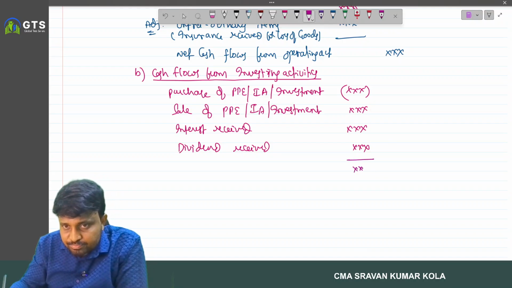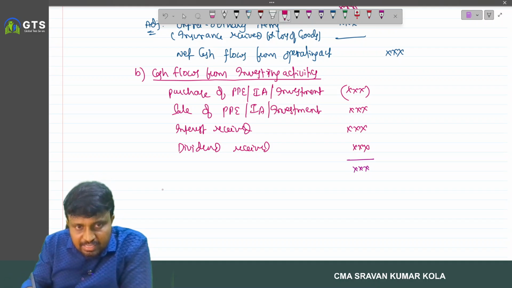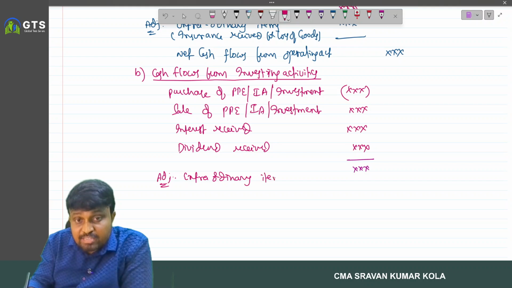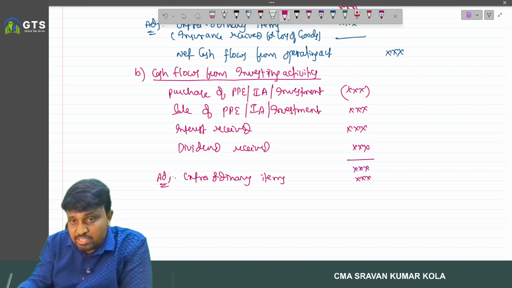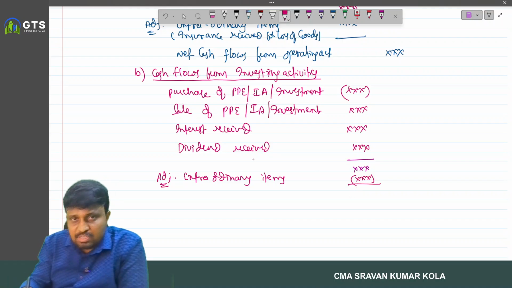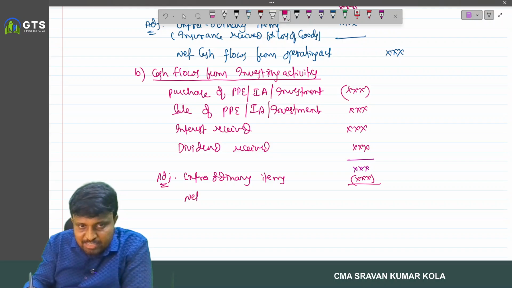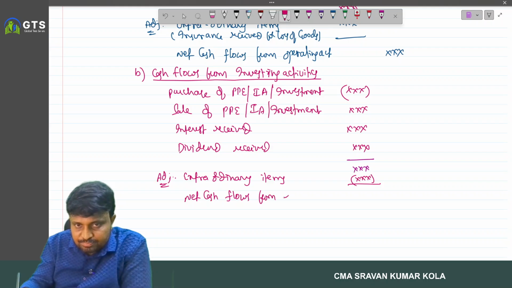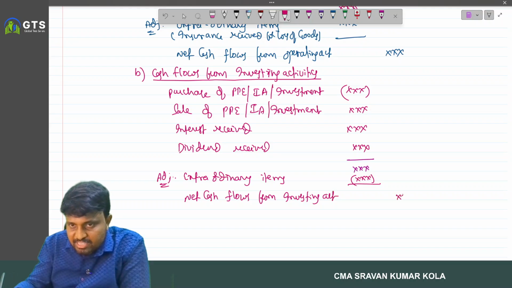And adjustment of extraordinary items. Extraordinary items are always required to be disclosed separately, either cash inflow or cash outflow. Then we have to show net cash flows from investing activities.